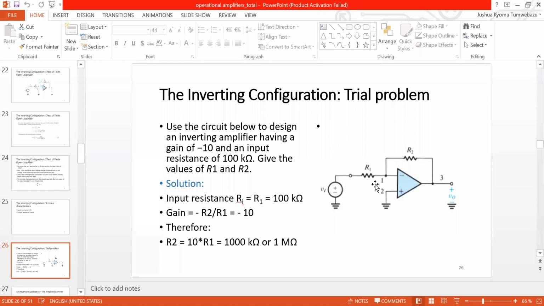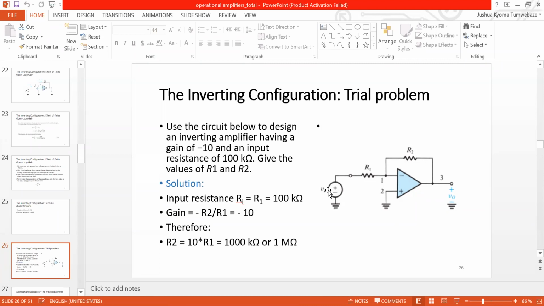So VI can be any input. It can be a sinusoid, it can be a square wave, it can even be a constant value.